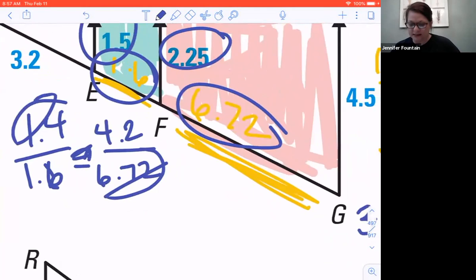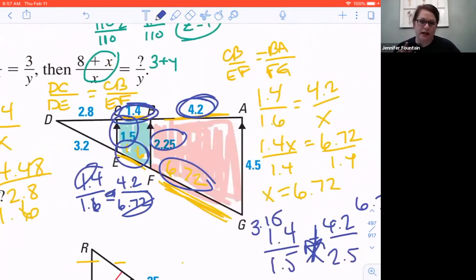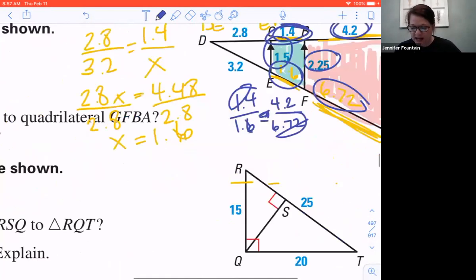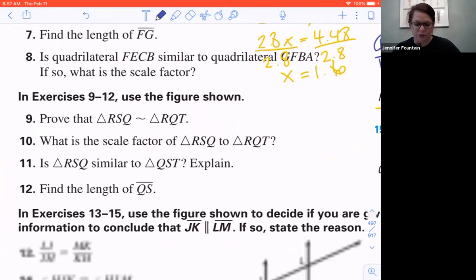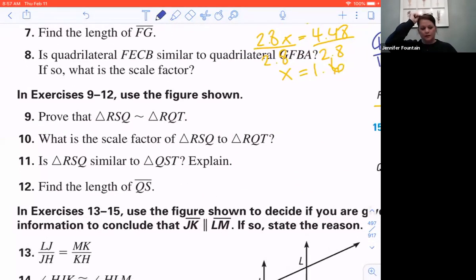So I can look at my sides to check proportionality, and if they are not proportional, then my quadrilaterals are not similar. If they were, then you would just give the scale factor. So basically you would set up a side over a side, give whatever the reduced fraction would be.